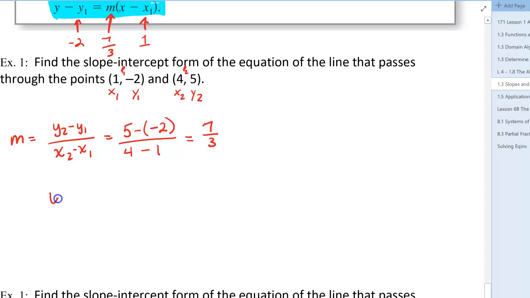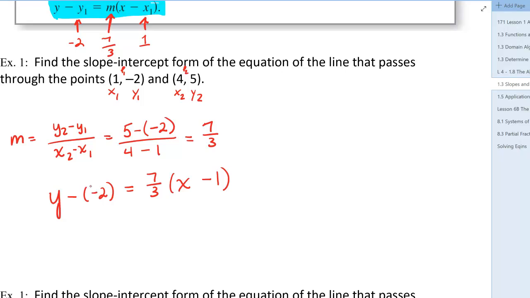So I'm going to write y minus -2, again, be careful with those negatives, equals 7/3 times x minus 1. Notice that I keep this x and this y in the equation because every equation is going to have x and y in it. What I replace is the ones with the subscript, x sub 1 and y sub 1.